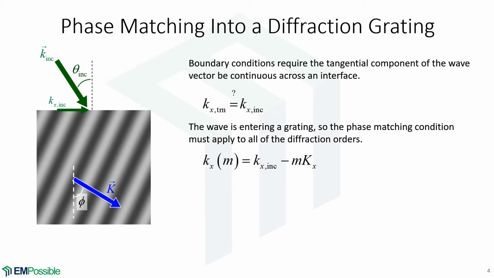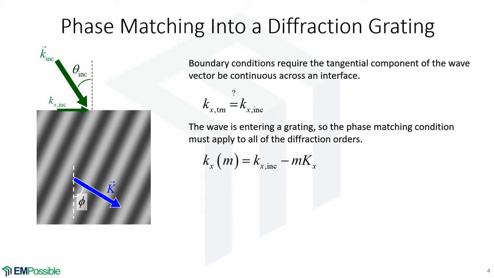So we modify our phase matching condition for diffraction gratings. We still have the tangential component of the incident wave, but here we have this plus or minus integer multiple of the grating vector. And when I say plus or minus, that's because m goes from minus infinity all the way up to positive infinity.